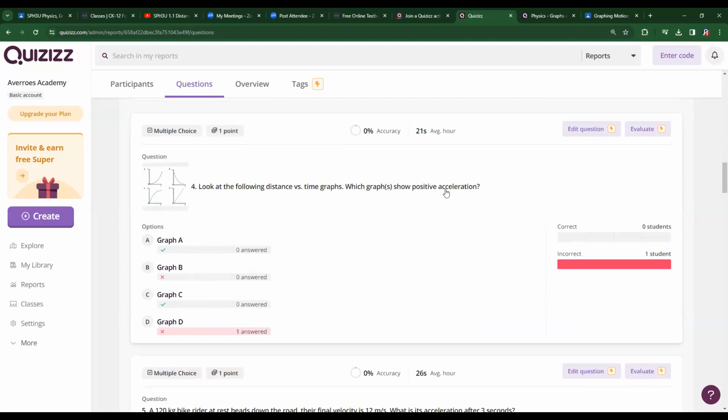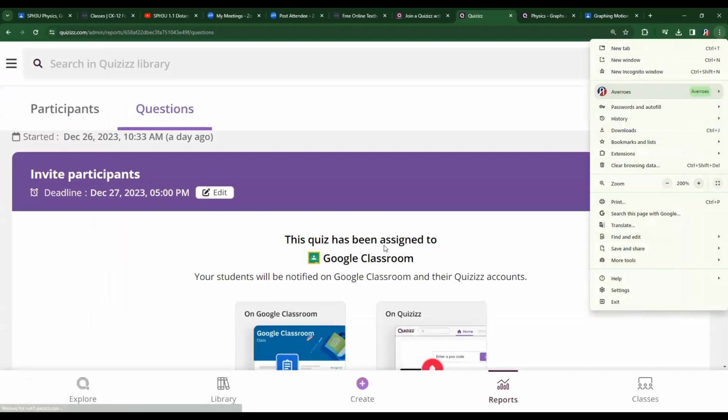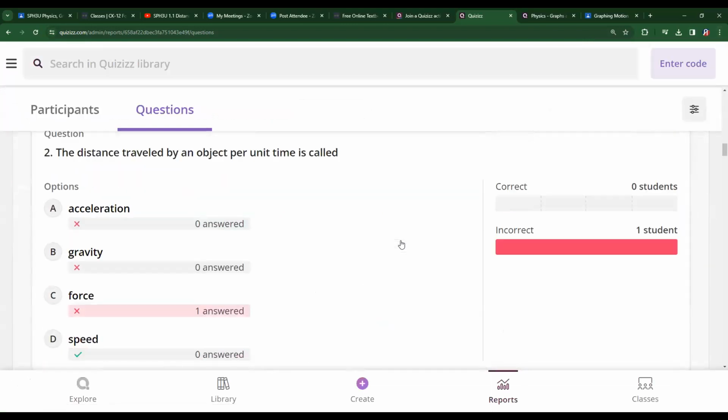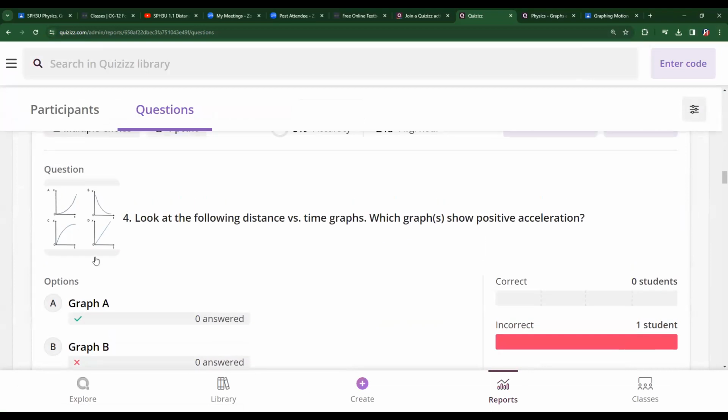How to check if it's positive acceleration. So those graphs represent position-time graphs. Whenever you have a curve, it means you have acceleration. Straight line, so right away, if they ask about acceleration, D is out.